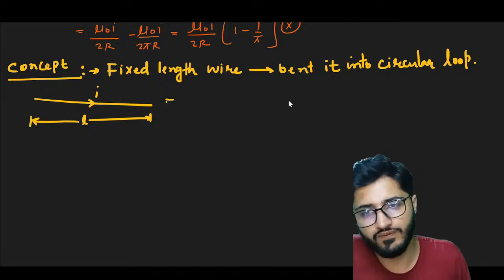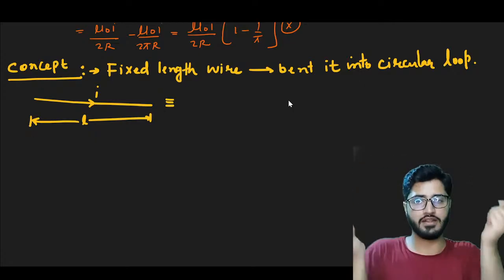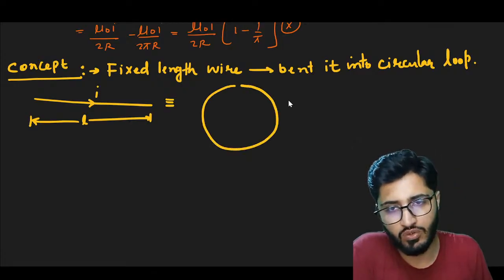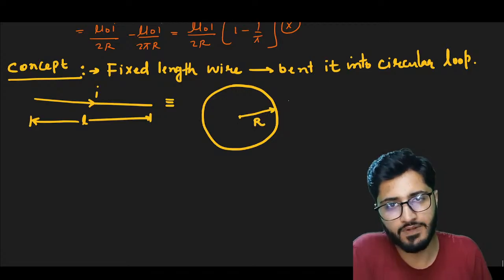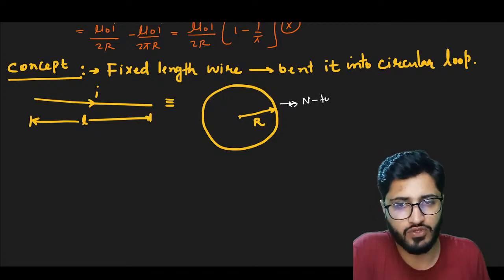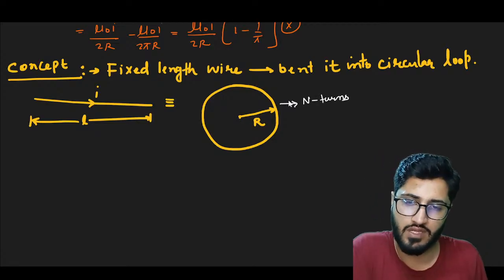Now we bend this one in the form of a loop with radius R. Done. So let us suppose this wire has n turns, we don't know n.